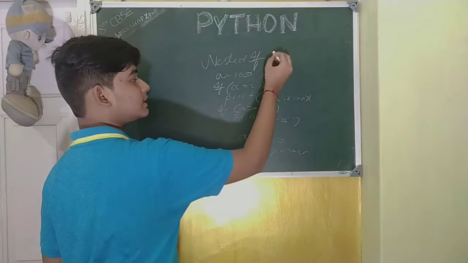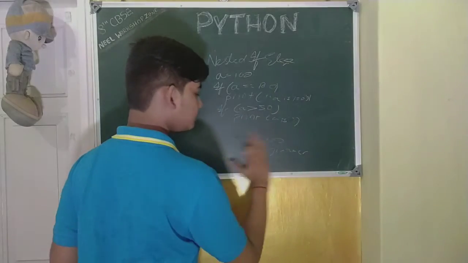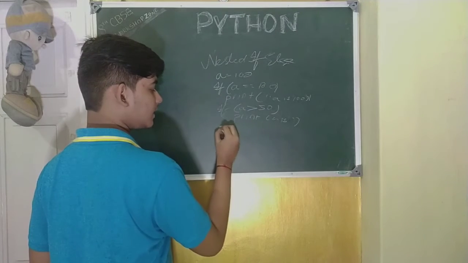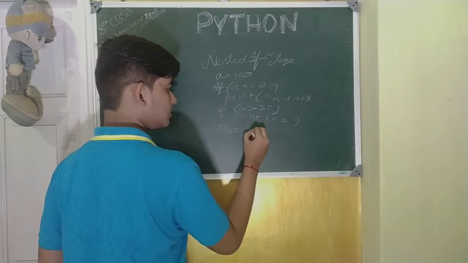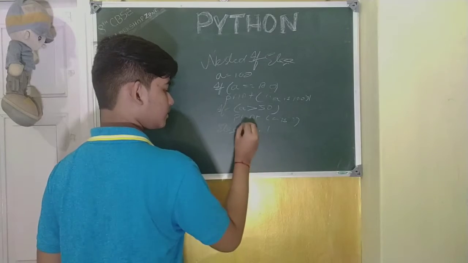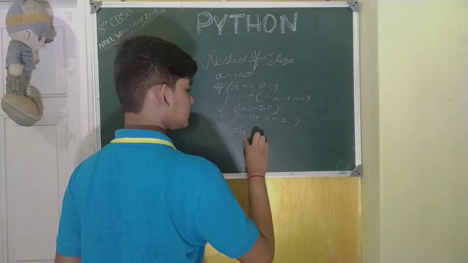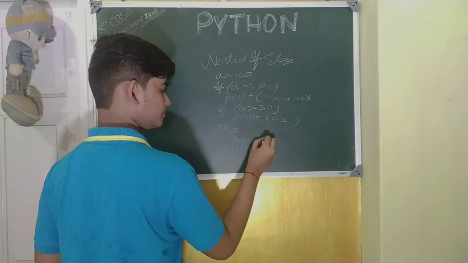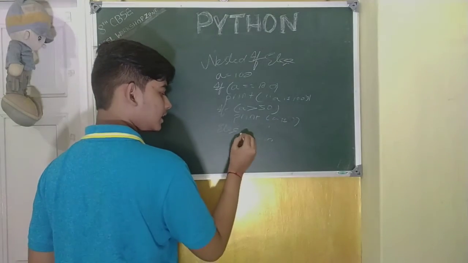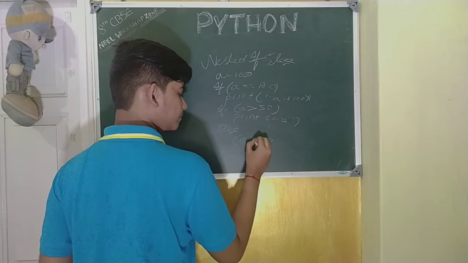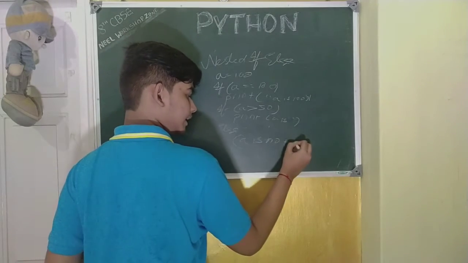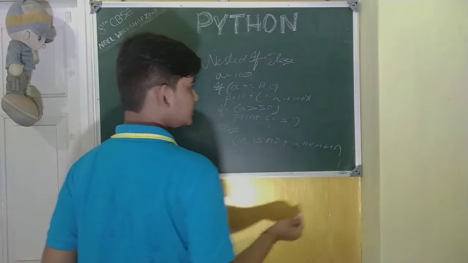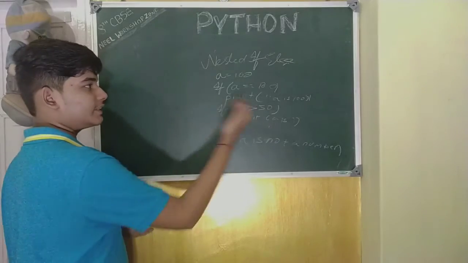So now let's talk about nested if else. Nested if else is also similar to nested if, but after writing this you can write else, print this. Or let's just write something like else, A is not a number, which doesn't work since, as you wrote here, A is equal to 100.